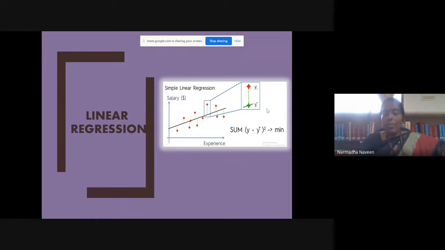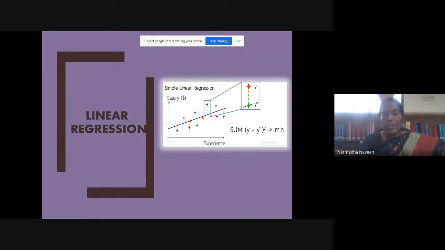By taking the average of all the differences between the actual value and the model value, for whichever line you get the minimal error rate, that will be chosen as the best fit line.